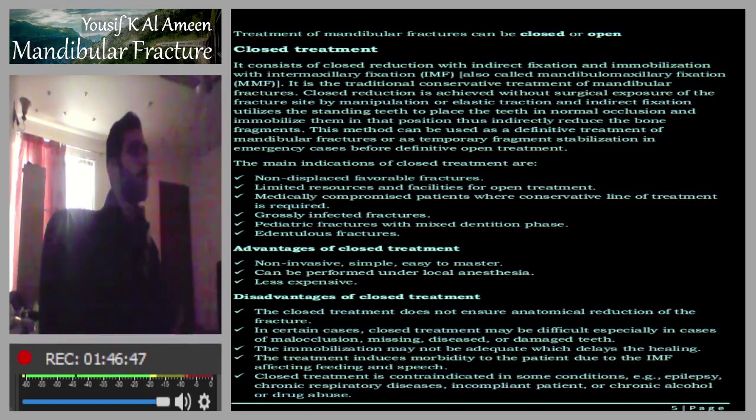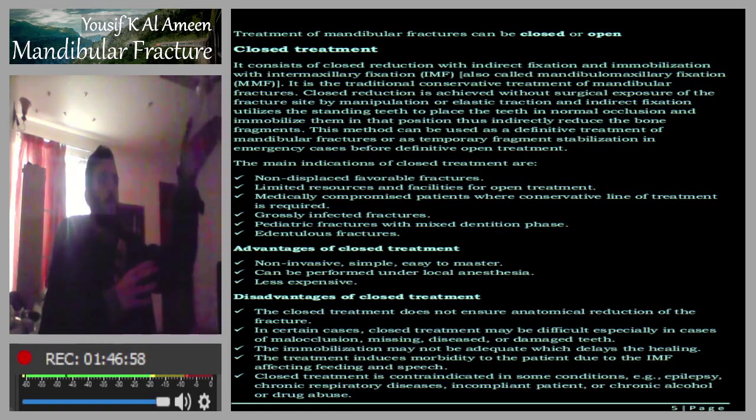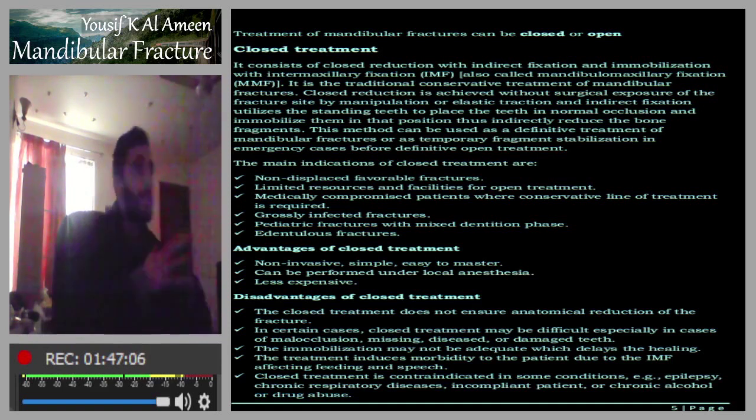This method can be used as a definitive treatment of the mandibular fracture or as a temporary fragment stabilization, in emergency cases, before definitive open treatment.